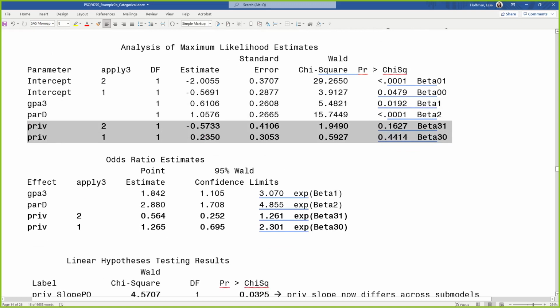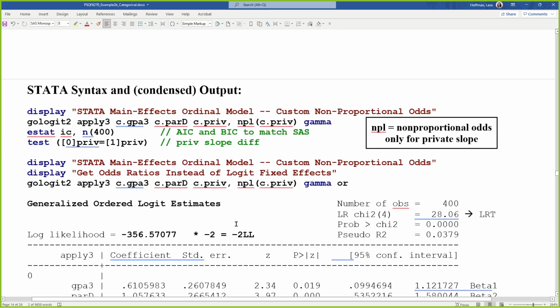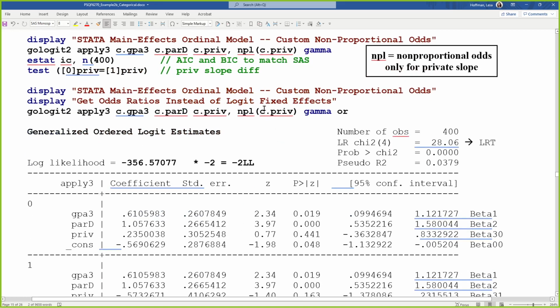So even though the difference between them is significant, neither is significant in its submodel. So one could argue you don't need this variable at all. And they do differ at p of 0.03 now, once you take out the other two terms. In Stata, it's this NPL, and then you put the predictor in there that you want to be allowed to differ across submodels.